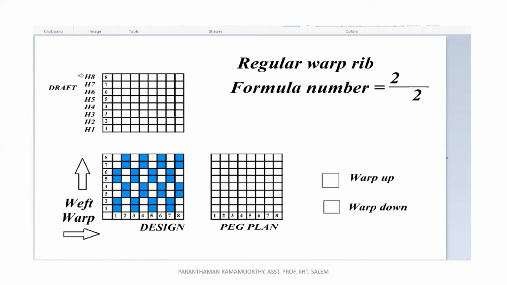Next, the drafting arrangement. The first end is drawn through the first heald frame, and the second end is different from the first one, so it is drawn through the second heald frame. The odd number of ends are drawn through the first heald frame, and the even number of ends are drawn through the second heald frame.